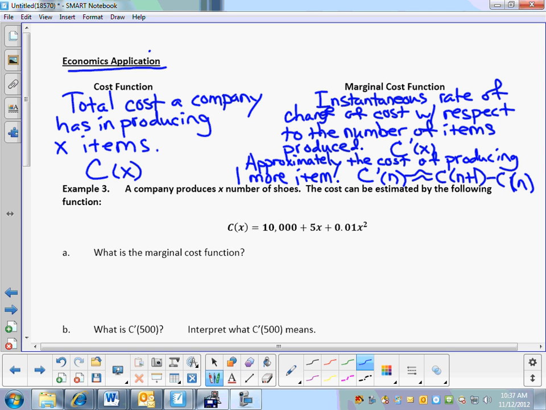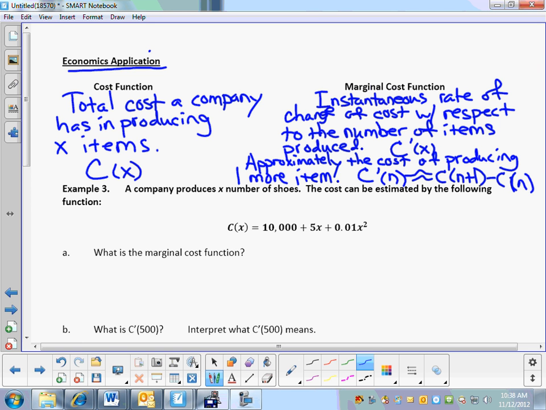Would it cost more? This is tricky, you guys, okay? Would it cost more to produce 1,000 items or 2 items? It's going to cost more to produce 1,000, but is the rate of the cost going to be greater for 2 items or for the 1,000th item?